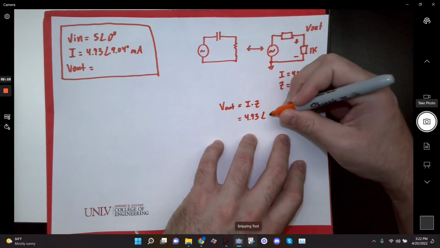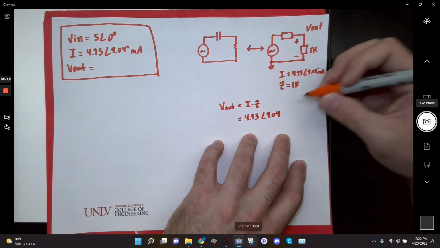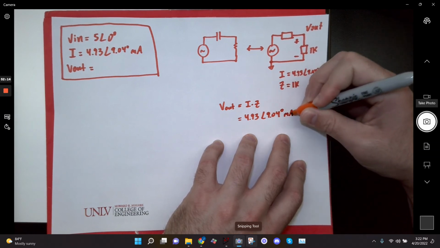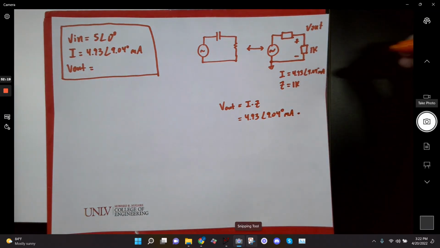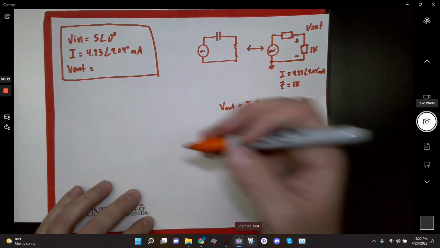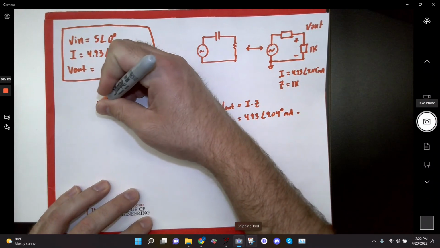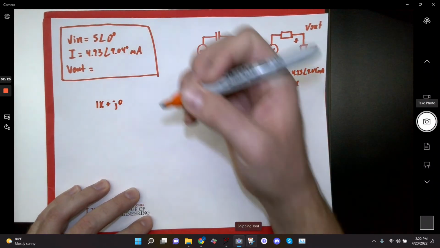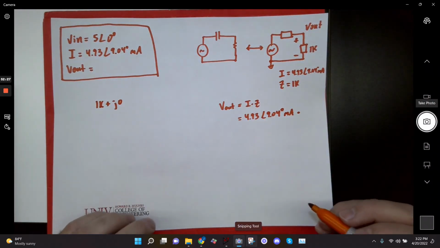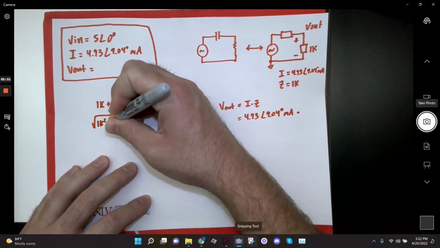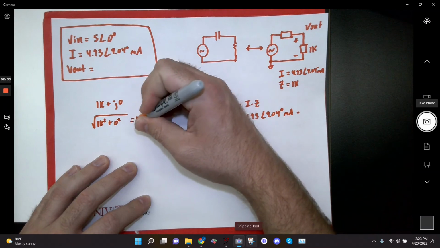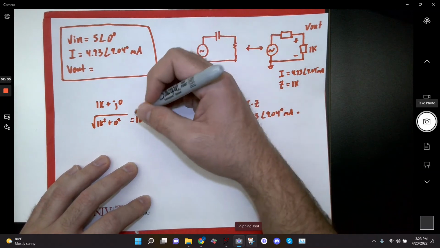4.93 angle 9.04 times my impedance, which is 1K. Okay, so in terms of a complex number in rectangular, that'd be the equivalent of 1K plus j0, right? So if I want to find the magnitude, it'd be the square root of 1K squared plus 0 squared, which is just 1K. So that's going to be my magnitude.